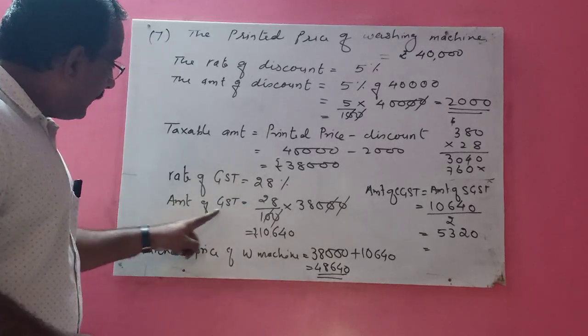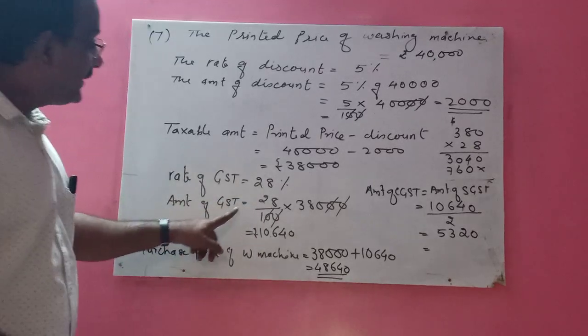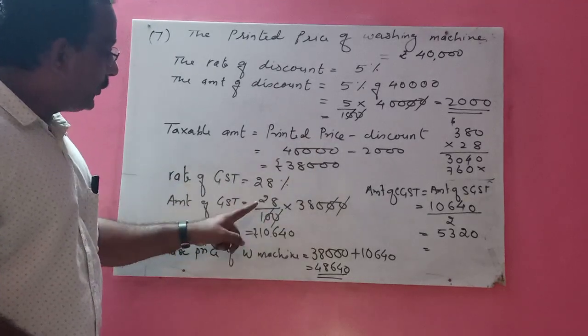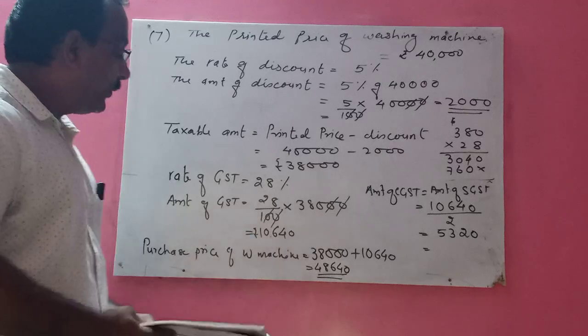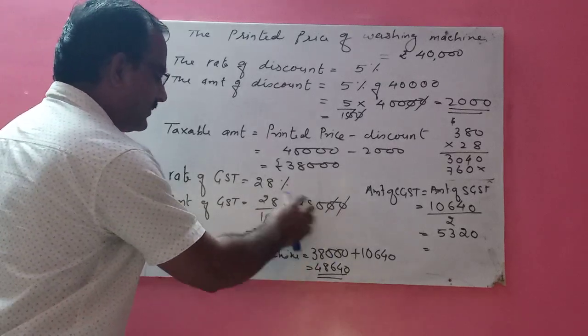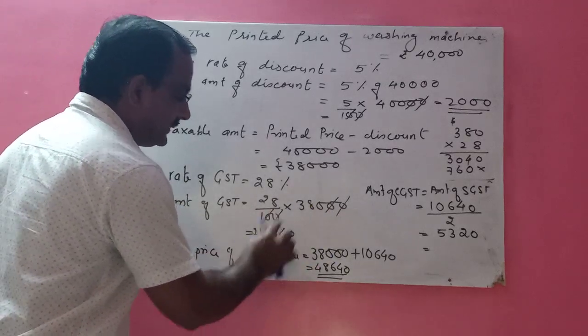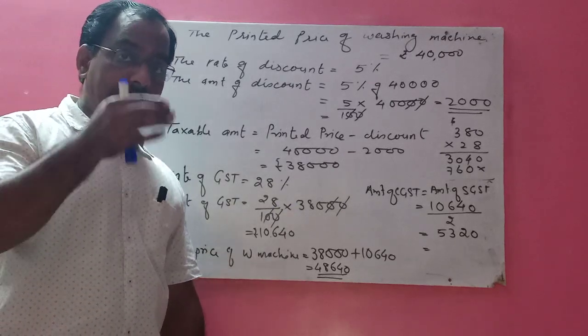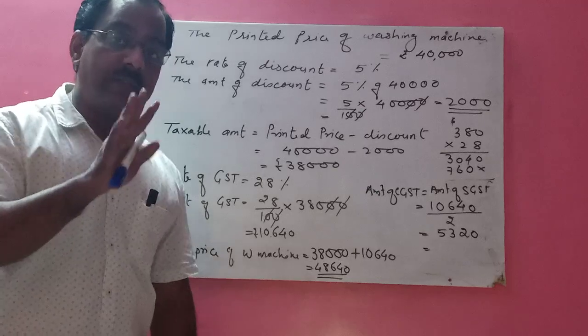I calculated the amount of GST. Amount of GST is 28% of the taxable amount. So 28 upon 100, 38,000. Do this calculation, children. You will get 10,640 as GST. Got it? But as per the question, what is given there?